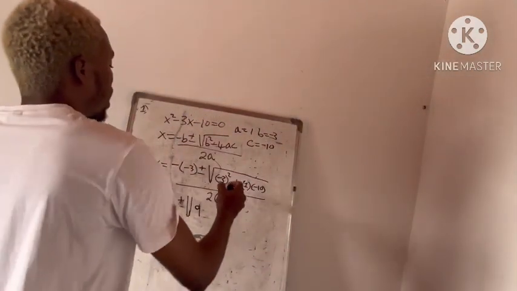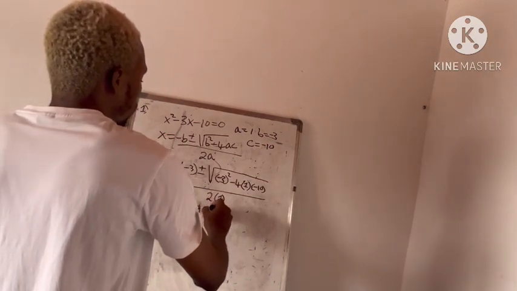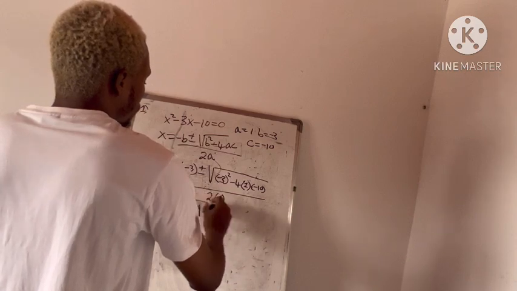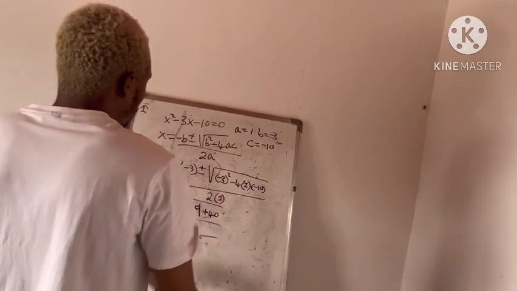You need to make sure that this negative cancels out this negative. All this divided by 2 times 1, which is 2.